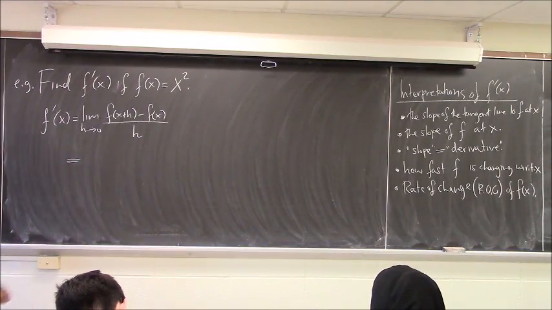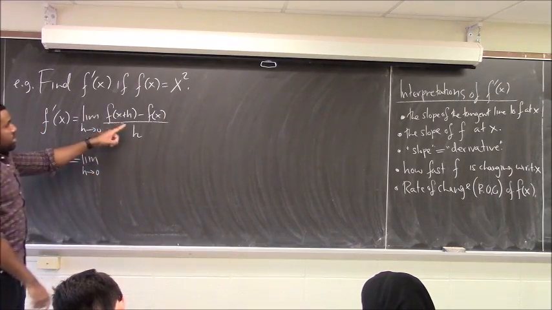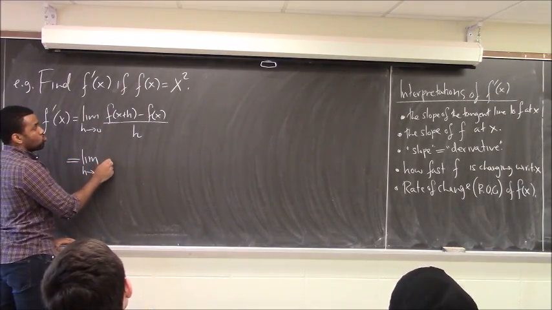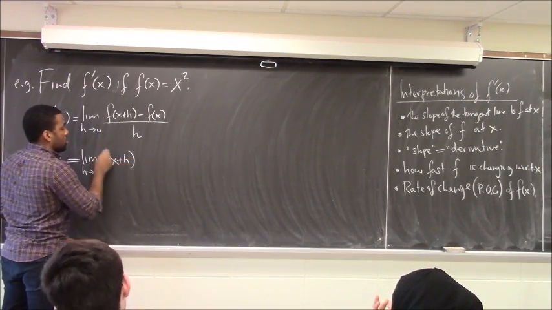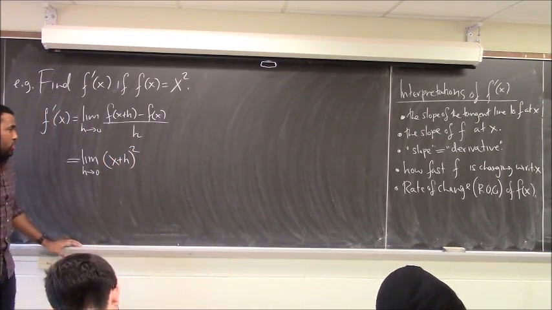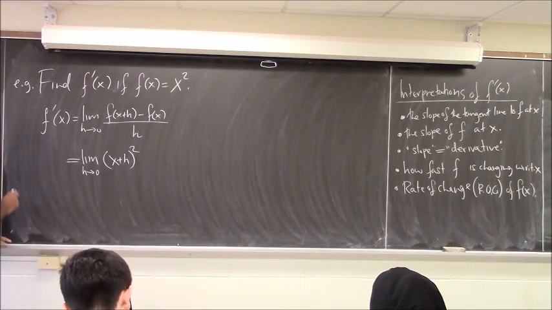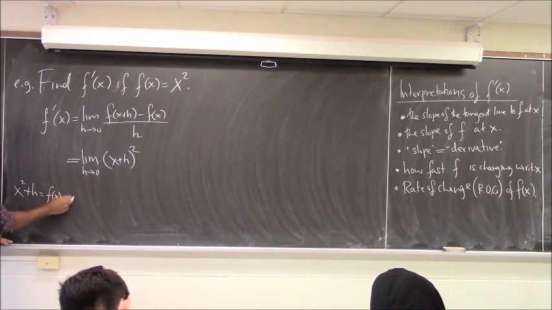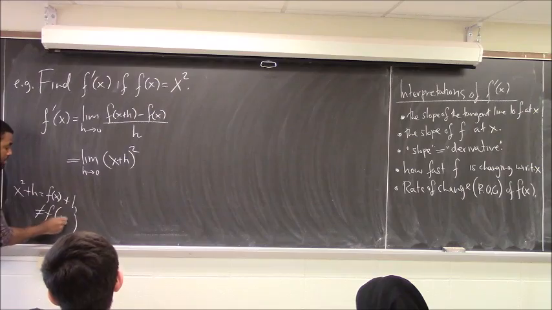So now let's start applying this. What is f of x plus h for this function? x plus h, all squared. A common mistake is to just write x squared plus h, which is not the same thing. x squared plus h is not f of x plus h.